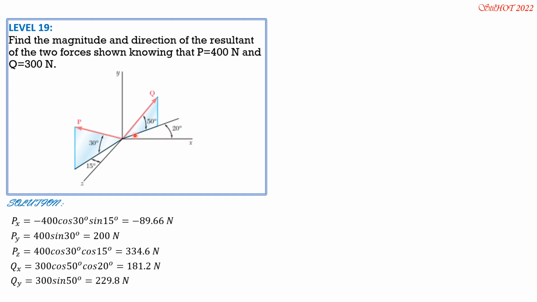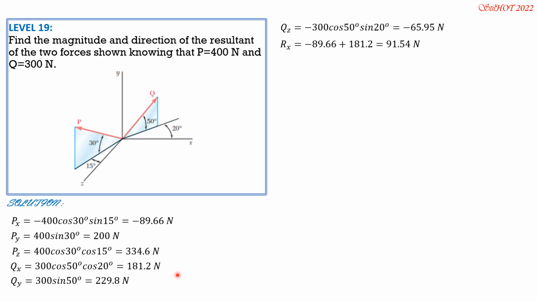And finally, Qz is in that direction, opposite to 20, so negative 300 cosine of 50 times sine of 20. If you want the details, you look at example 2, I think. You draw the top view so that you can analyze. So negative 65.95.